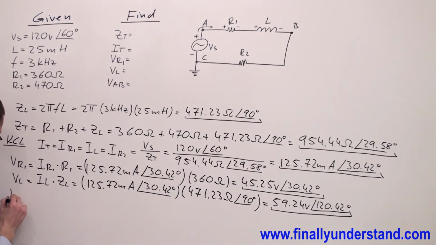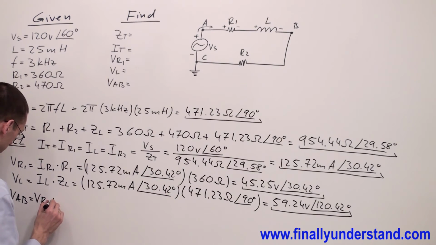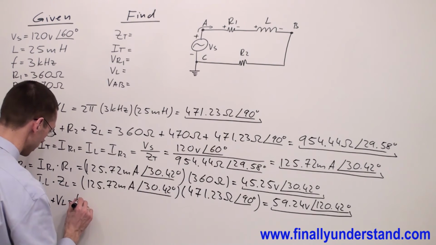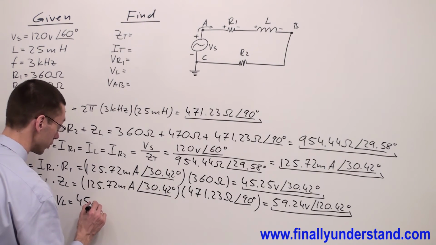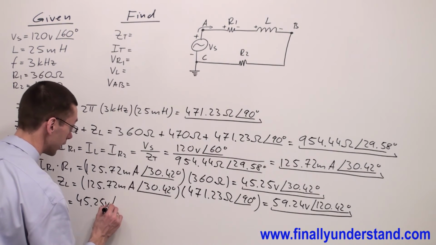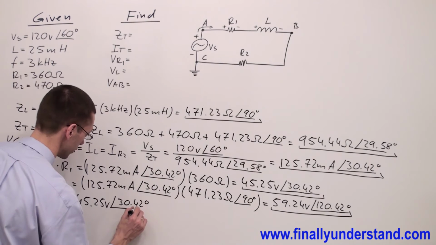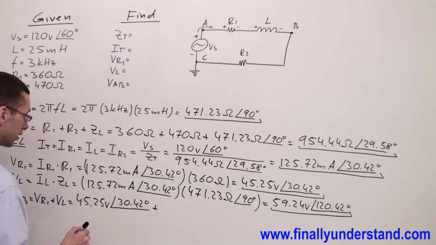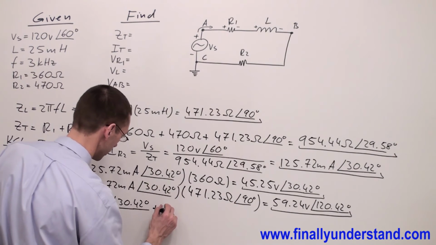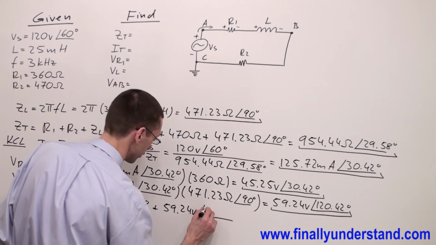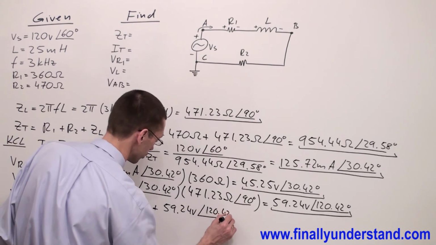So VAB is equal to VR1 plus VL, where VR1 is 45.25 volts and angle of 30.42 degrees, plus VL, which is 59.24 volts and angle of 120.42 degrees.